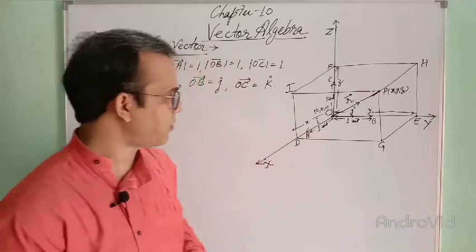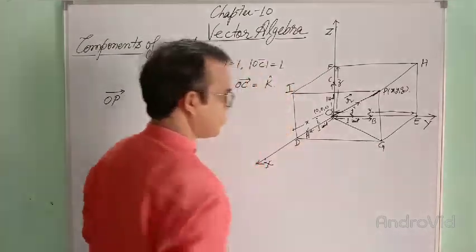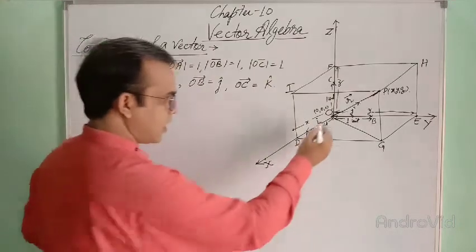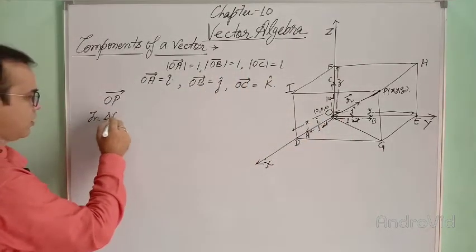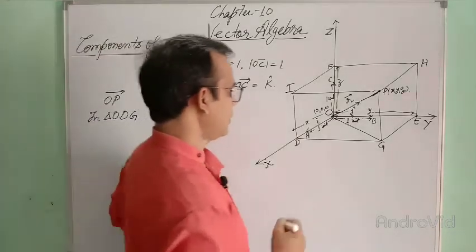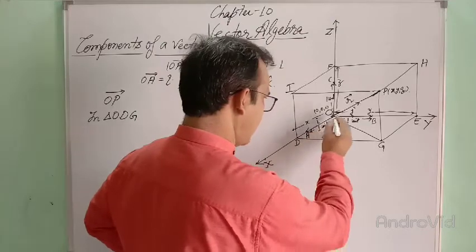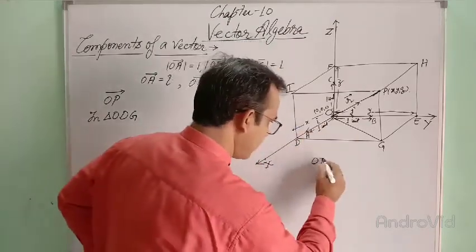So for this purpose, let's join OG. In triangle ODG, what do we see? I cap is the unit vector. Then what will be the value of the vector OD?